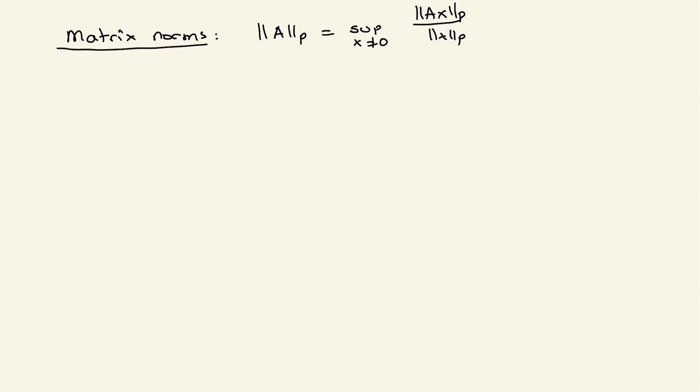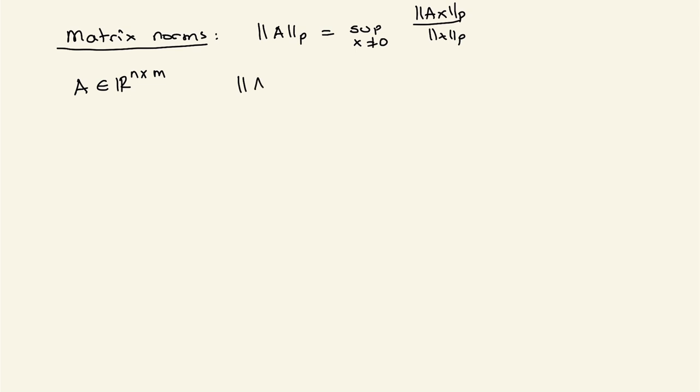All right, so now we have defined matrix norms, an interesting definition, but in practice, how do we compute these norms? Let's say A is n by m.